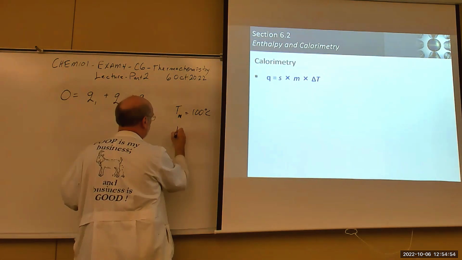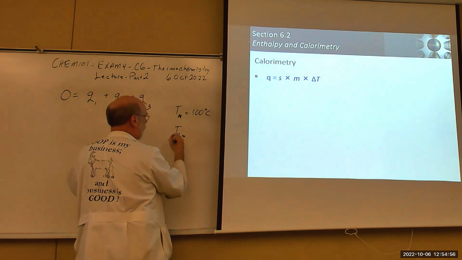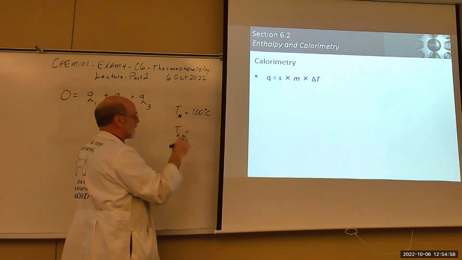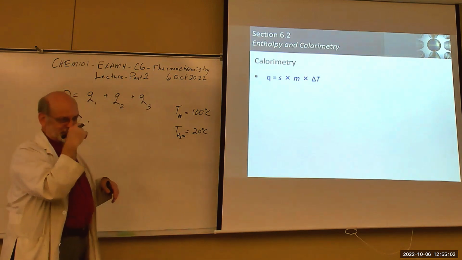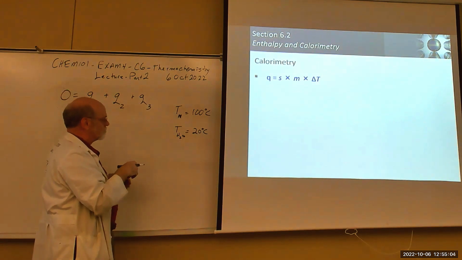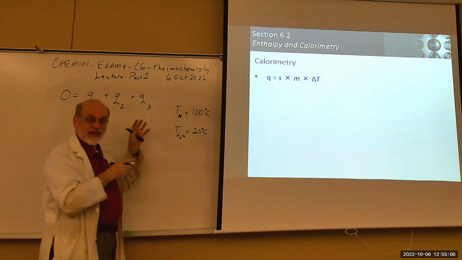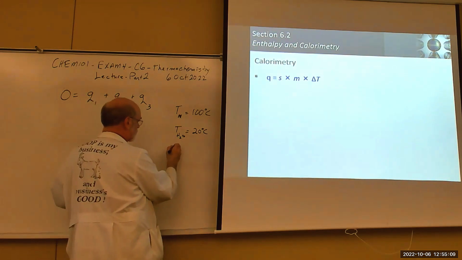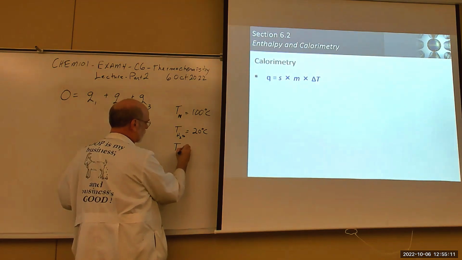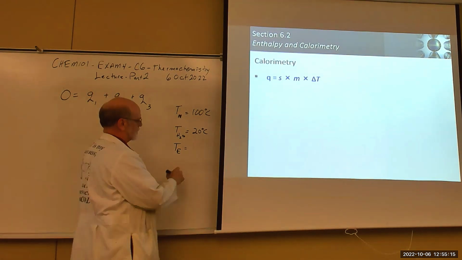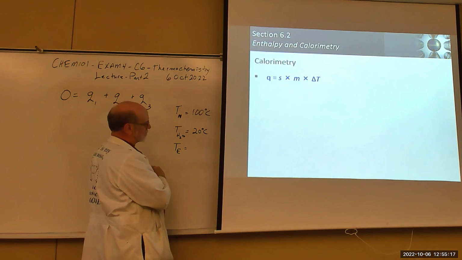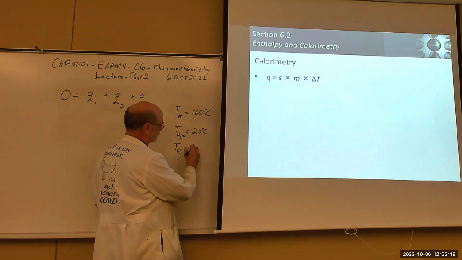The temperature of the water that we're going to drop it into is room temperature. I'm going to say 20 degrees. We like to keep our room cooler. That's before we put them together. After we put them together, the temperature at equilibrium is, I don't know, say 40 degrees.